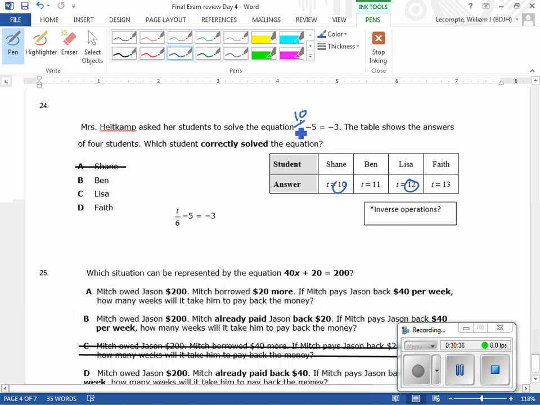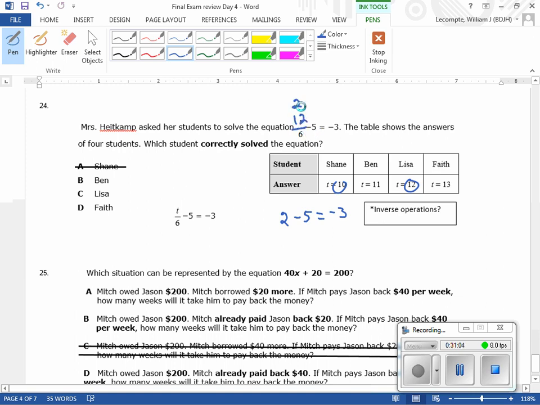Well, actually, 2 minus 5 is equal to a negative 3, right? And so I got to find something that gives me a solution of 2. Well, the 10 didn't work, so I'm going to try the 12. Well, 12 divided by 6 is equal to 2, and 2 minus 5 is equal to negative 3. So I'm going to pick Lisa. A lot of kids got that one right.